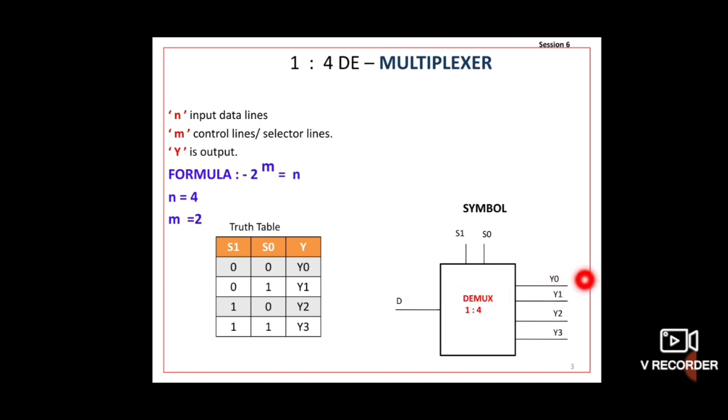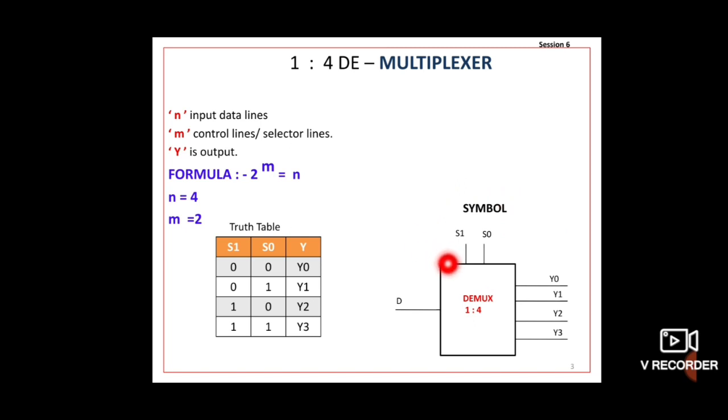See here, Y0, Y1, Y2 and Y3. These are the 4 outputs, but one at a time. But the output is selected by the control lines or selector lines. Okay students, understood? The output depends on these select lines or control lines.